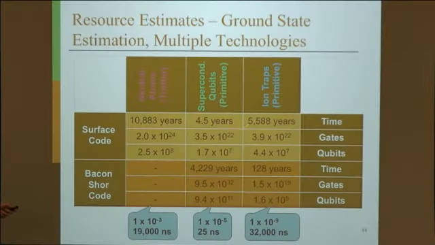But for the surface code, the duration of the computation is almost independent of the code distance, because all the operations are done in parallel. All the syndrome measurements are parallelized, and all the operations, the braiding, are highly parallel. So what actually determines the running time for the surface code is the duration of the gate.